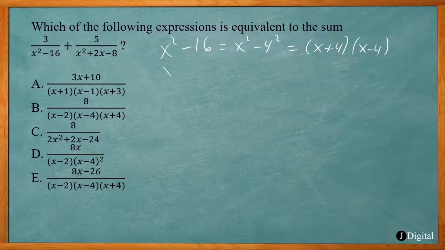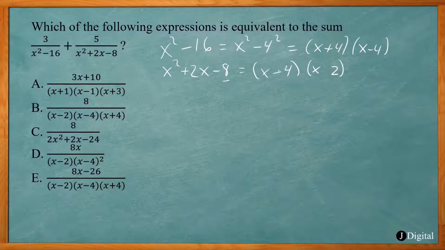And then we look at x squared plus 2x minus 8. You can factor that. It's going to be x's in the first two spots. I need two numbers that multiply to give me negative 8 and add up to positive 2. So this could be 4 and 2.